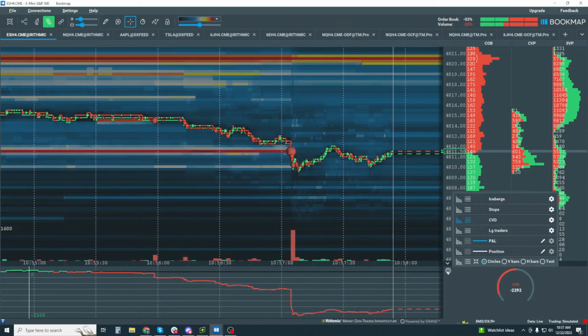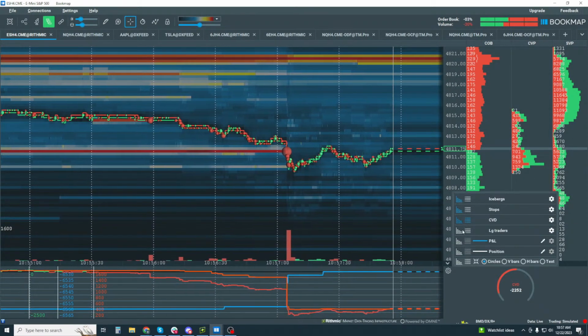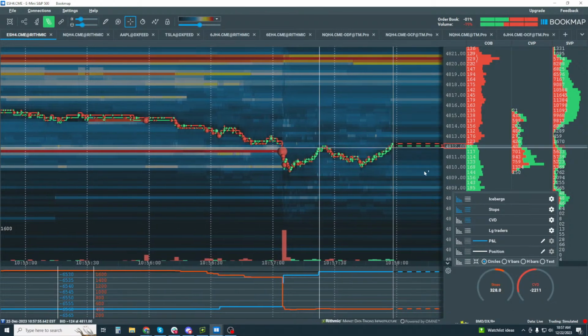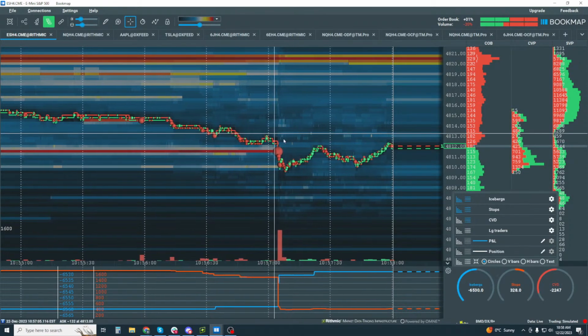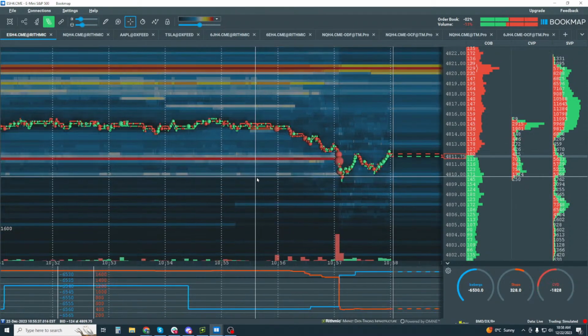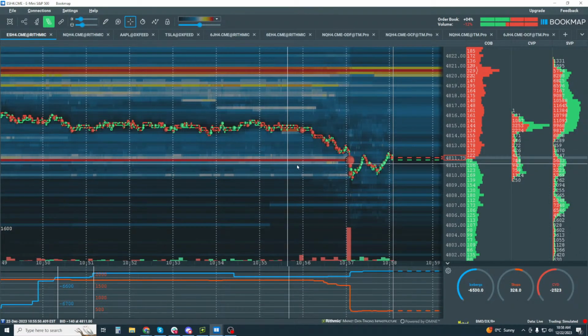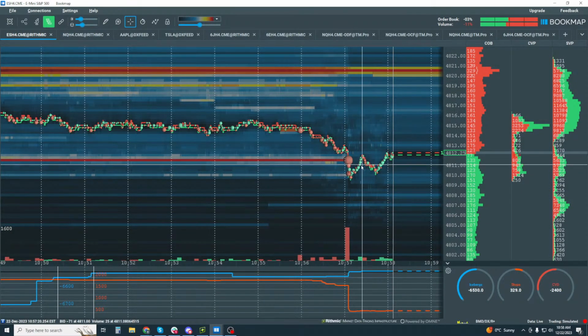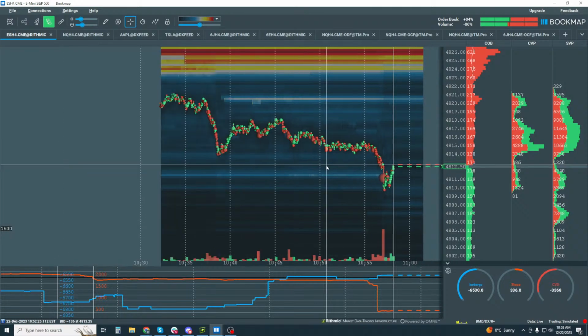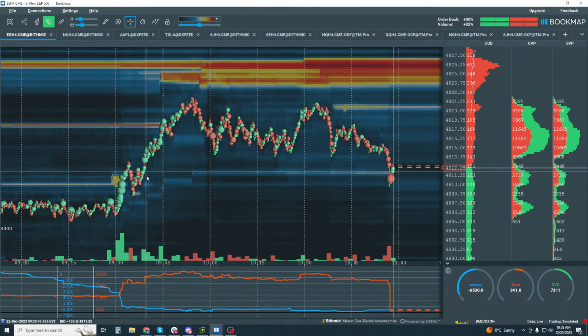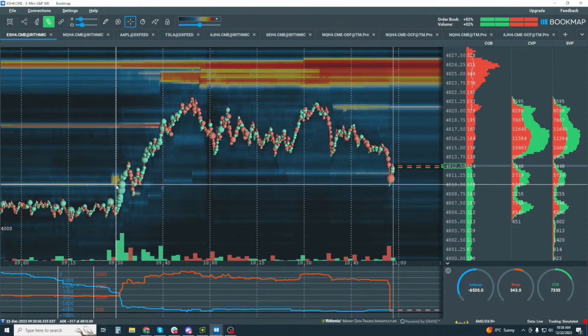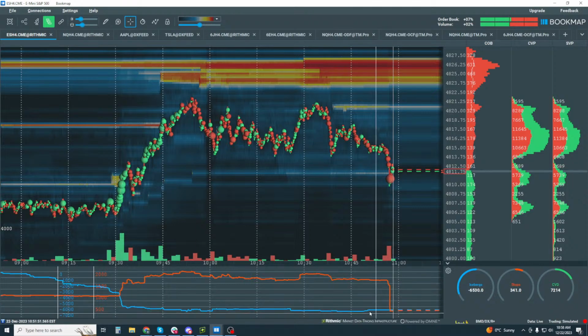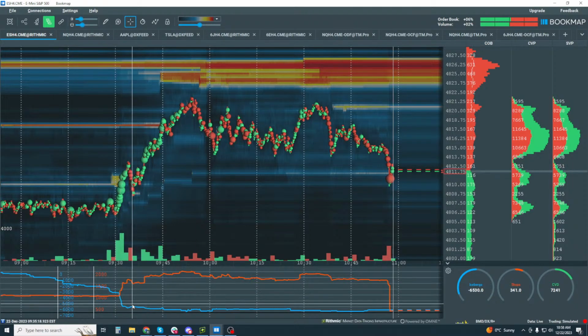Now let's jump back into the icebergs and start to understand what's going on. Stops and icebergs, or icebergs in particular, give us insight into what the larger player might be doing. So for example, here is some iceberg buying. Now this makes good sense. We just saw the drop into this area here. We saw not much iceberg buying.